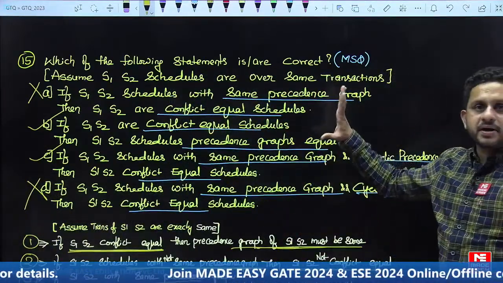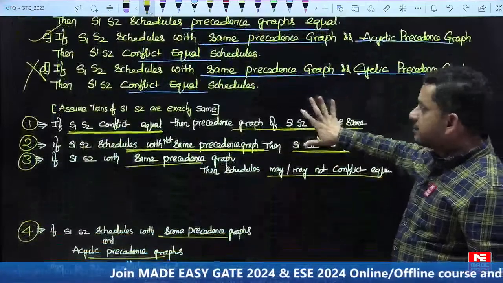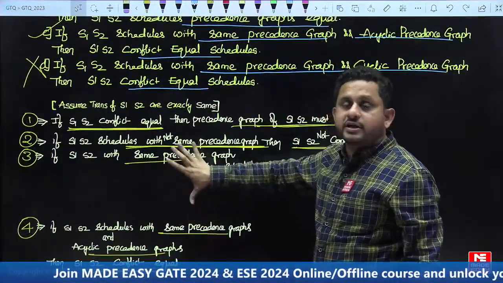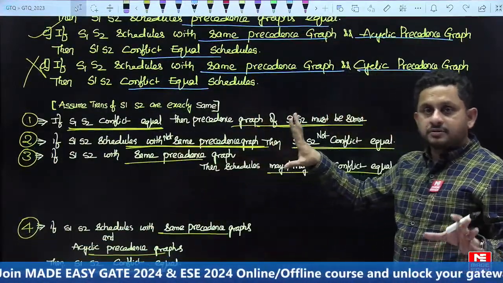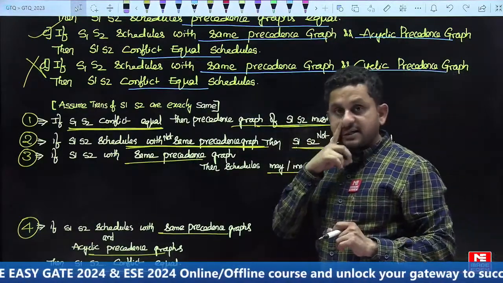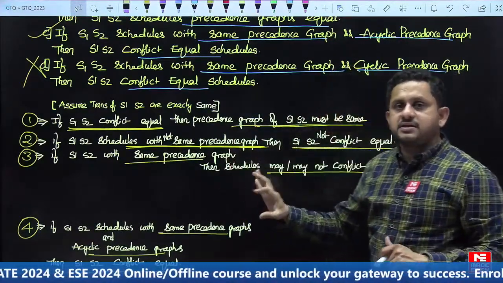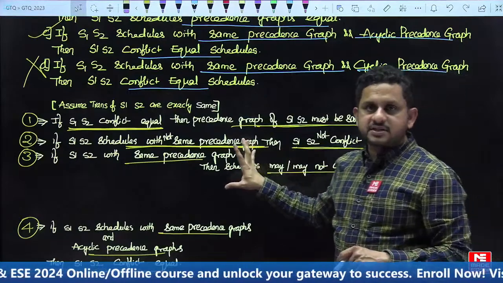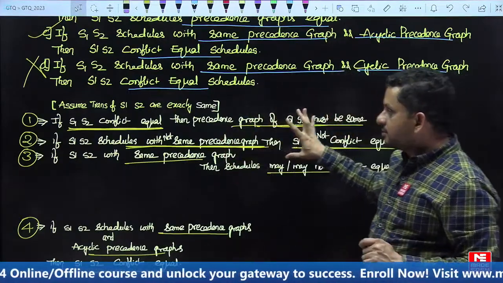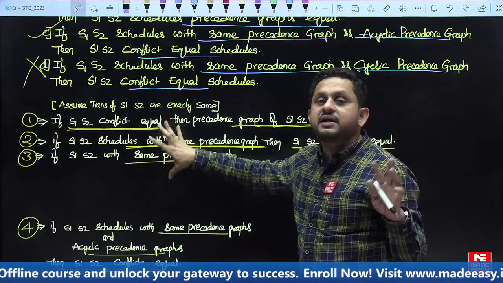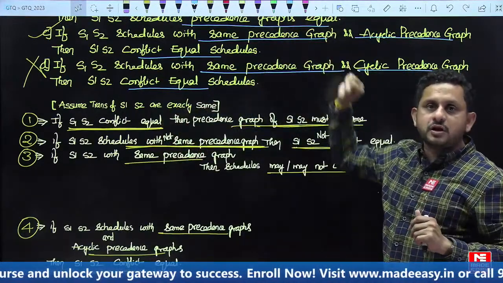So these are four important conclusions, and don't remember these statements blindly. Just work it out and try to understand the proper reason. Once you analyze it, you will automatically get that logic while solving the problem.